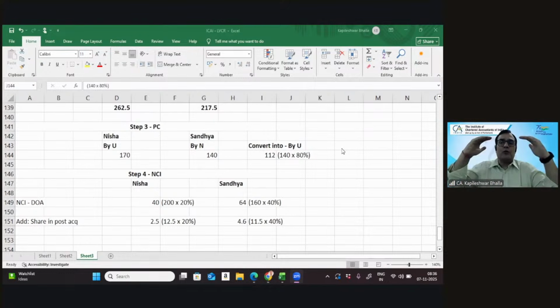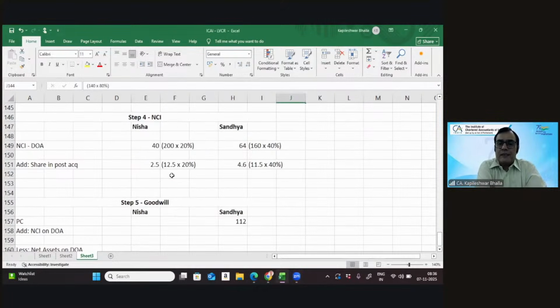So when you're not going to consider 20% of the investment that would appear in the balance sheet, the 20% funding by the NCI, we're netting it off with the NCI. So what we need to do in terms of NCI is make a reduction. So out of that 140, we need to consider the remaining 20%. That's 28. So I'll put it as less. This is set off. We are setting off this against the NCI. So this is another crucial point which we need to take care in terms of NCI.